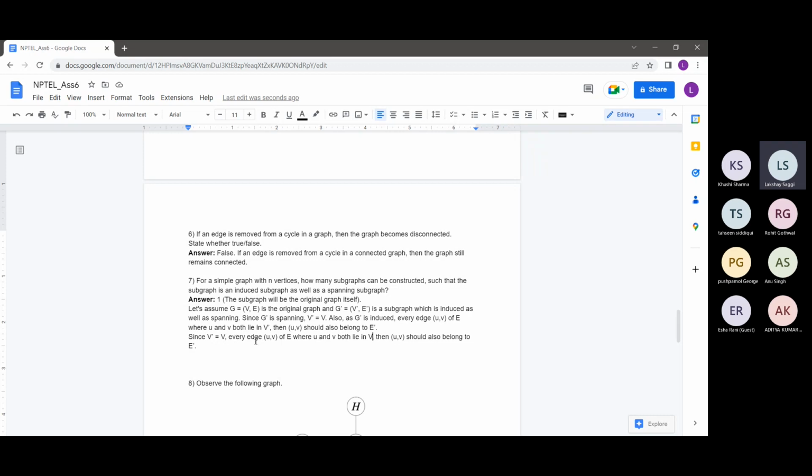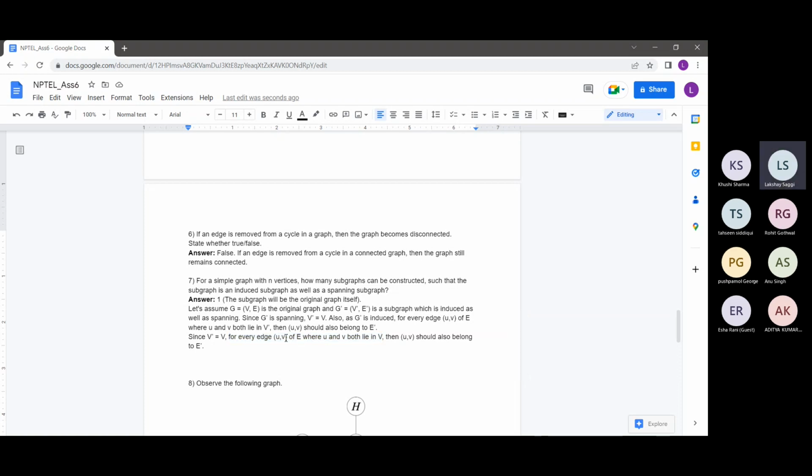So since V prime equals V, every edge U comma V of E where U and V both lie in V, this will basically mean every edge. For a graph G, every pair of vertices will lie in the vertex set itself, right?